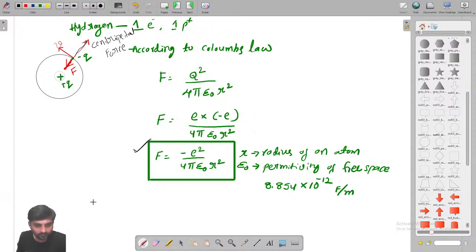Centripetal force is equal to m v square by r, where m is the mass of the electron, v is the velocity with which it is revolving, and r is the radius of the atom.